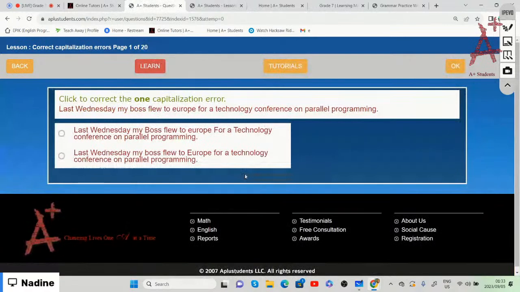All right, so now we are going to our test where we are going to click or select the correct one capitalization error. So only one capitalization error. Last Wednesday, my boss flew to Europe for a technology conference on parallel programming.